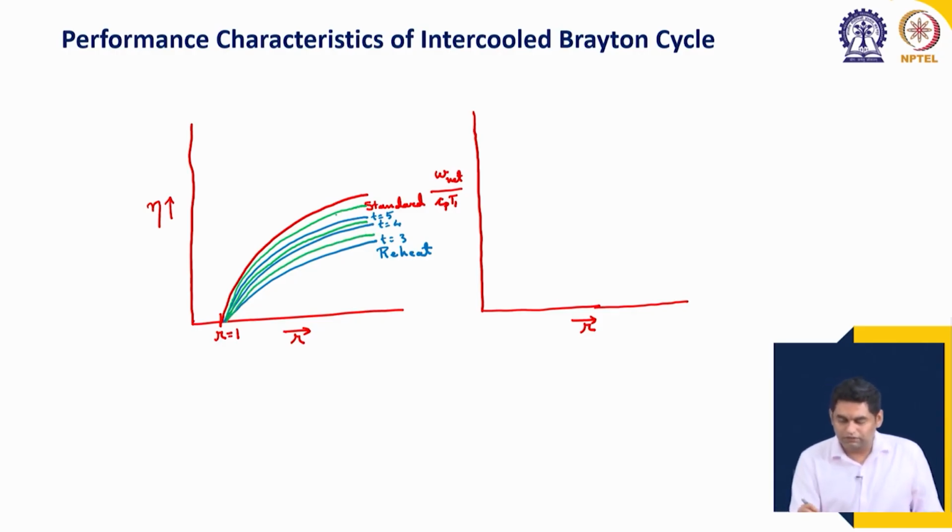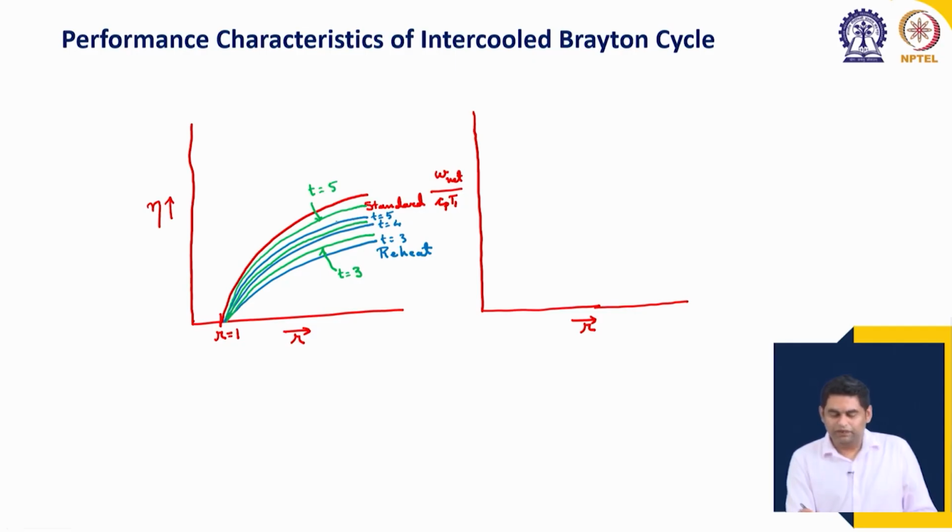Here, for example, this line will be t equal to 5, the bottom line is t equal to 3, and in between we have t equal to 4. If we compare the corresponding lines, for t equal to 3 intercooling will have higher efficiency compared to reheating, t equal to 4 same case, t equal to 5 also same case.